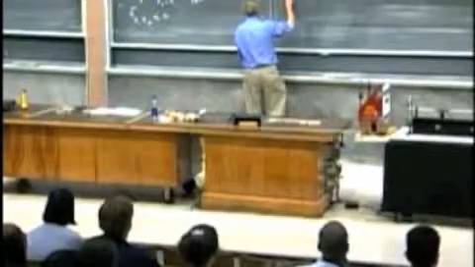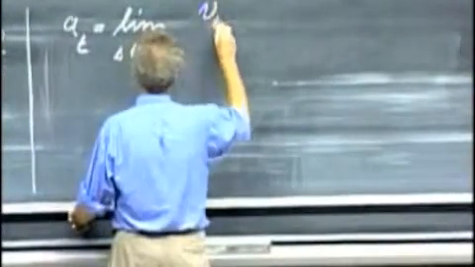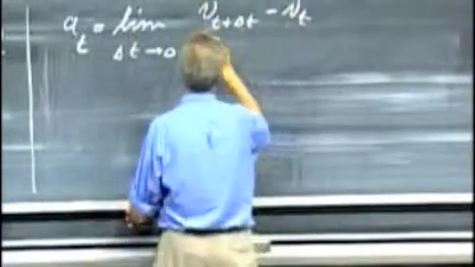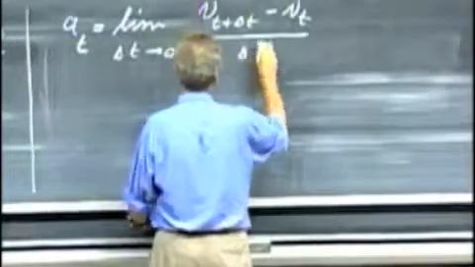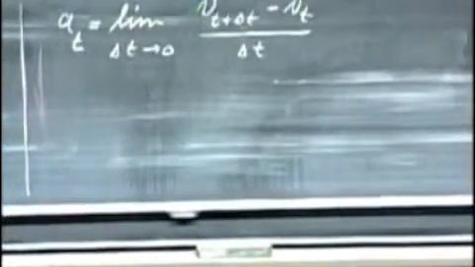The acceleration at any moment in time would be the limit for delta t goes to 0 for v measured at t plus delta t minus v(t), divided by delta t. So that is the instantaneous acceleration.